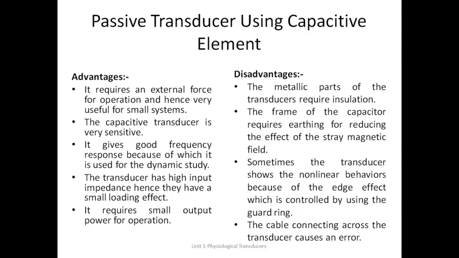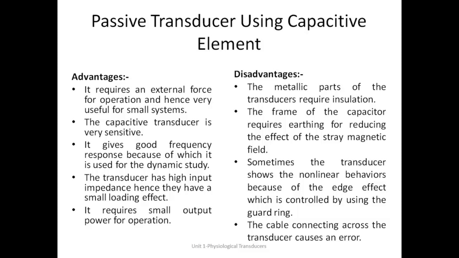It gives very good frequency response, because of which it is very good for dynamic study, where your input is changing very fast. Also, the transducer has high input impedance, so there is very small loading effect, and it requires very small output power for operation.